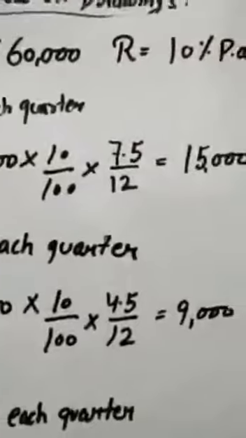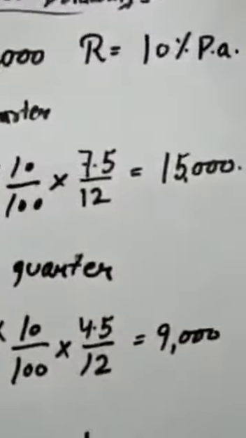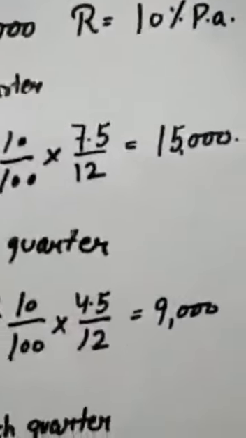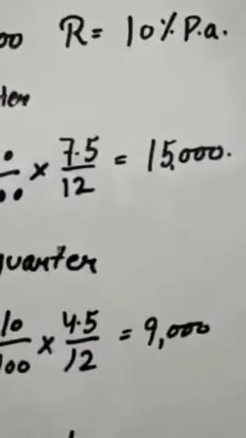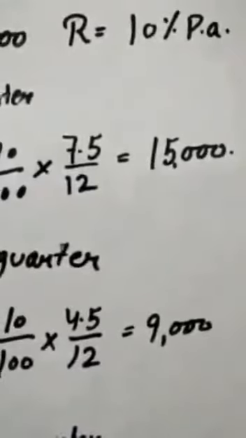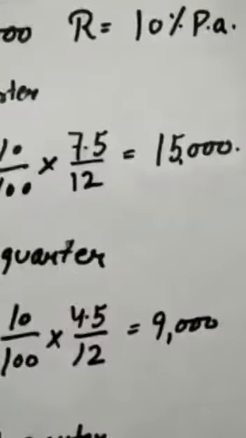Students, this is a question. Partner is withdrawing an amount of rupees 60,000 in the beginning of each quarter, and for calculating interest on drawings, the rate is 10% per annum. If he is withdrawing 60,000 in the beginning of each quarter, that means there are 4 quarters, so 60,000 into 4.